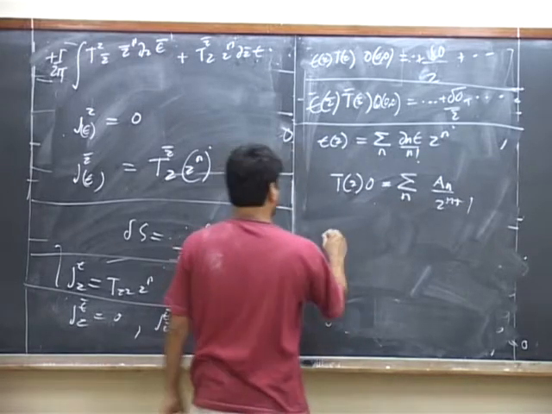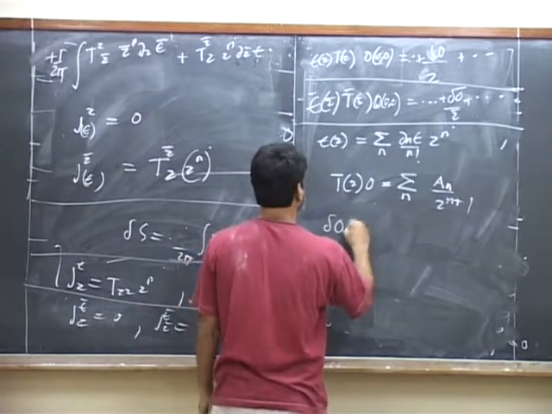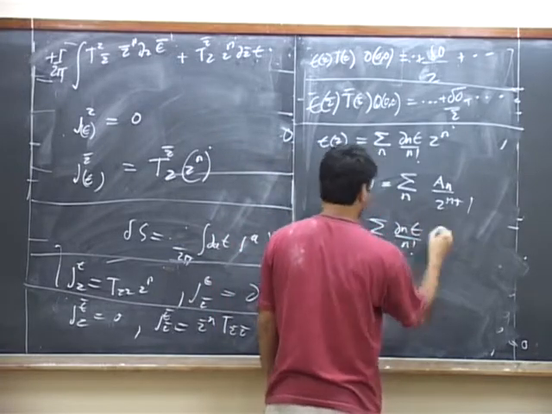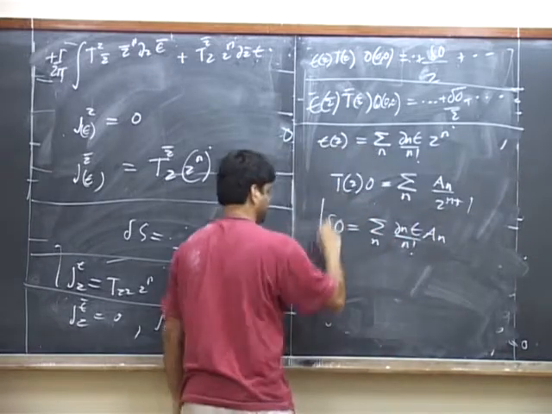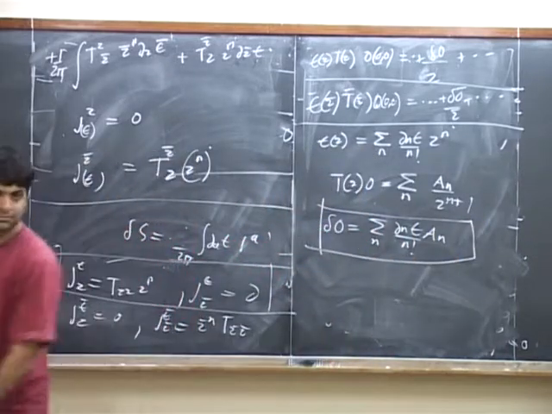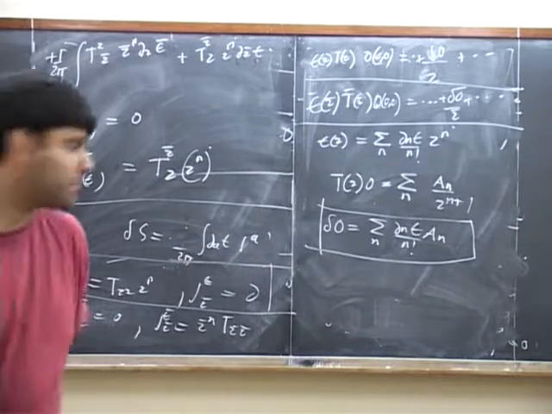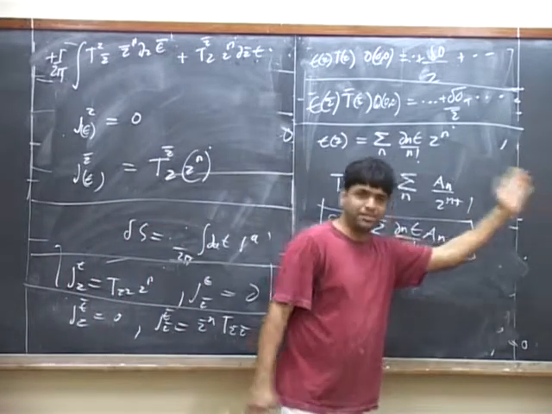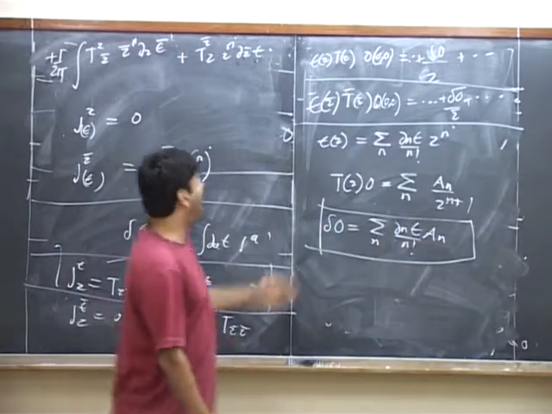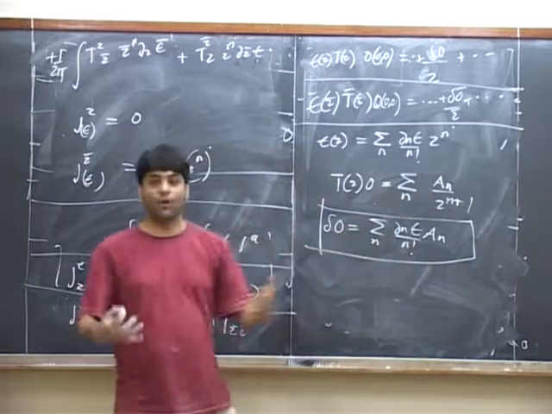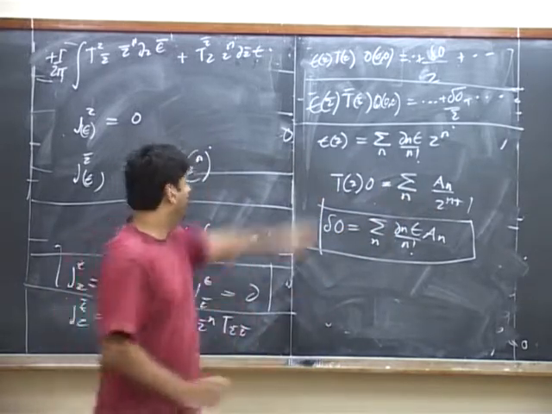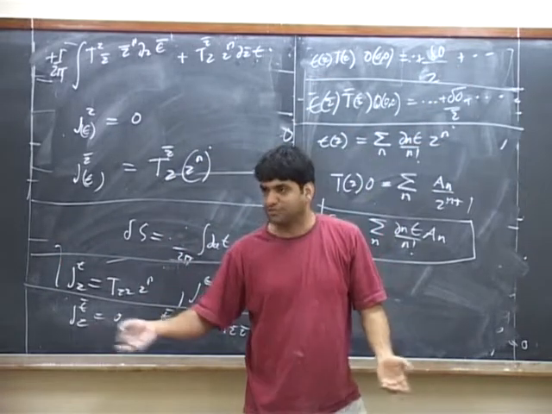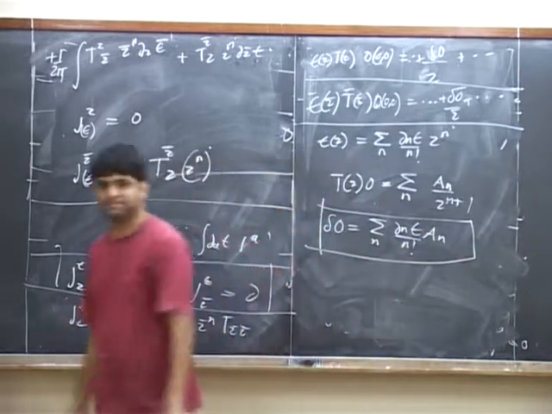So we conclude that delta O must be equal to the sum over n of del n epsilon by n factorial times a n. So what have I said? I said that if we perform a general conformal transformation parameterized by epsilon, and if the operator product expansion between T and O has this general structure, then for consistency with this statement, it must be that the change in the operator under a conformal transformation parameterized by epsilon is given by this formula.